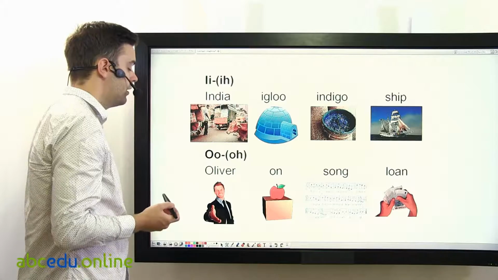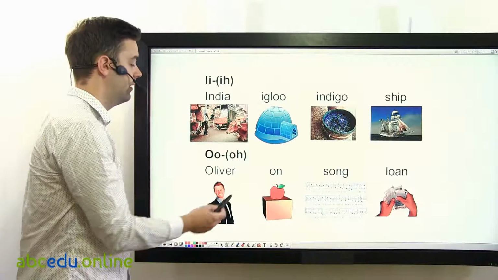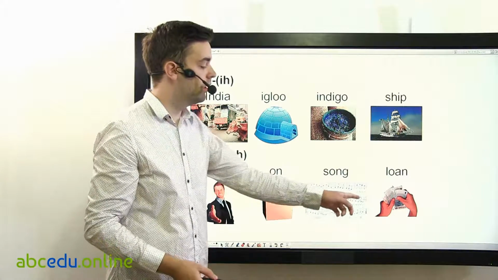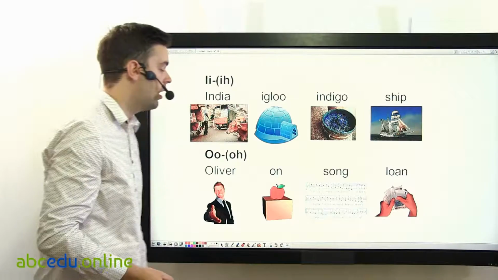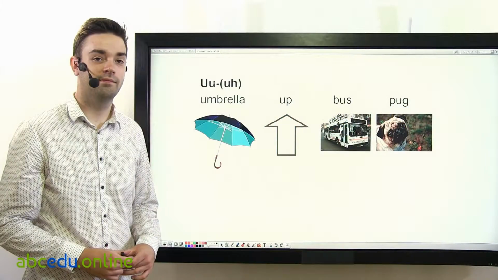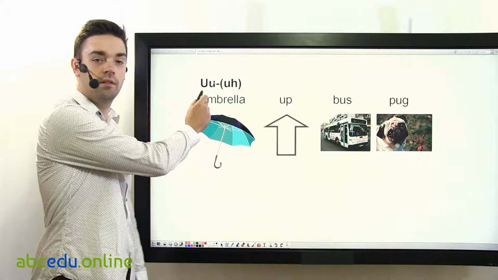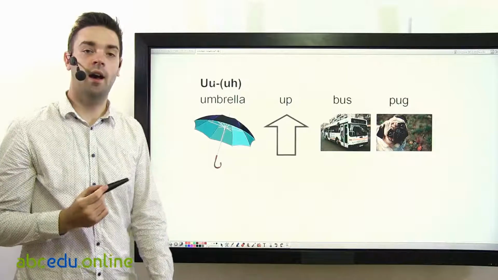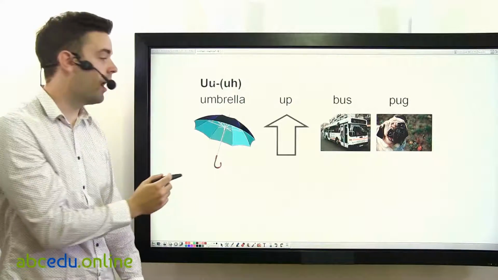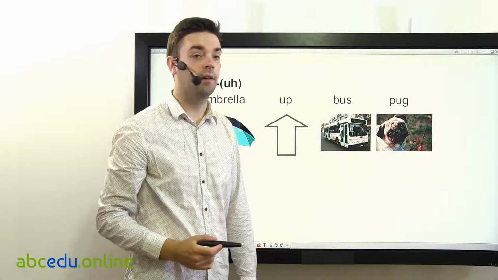So we've got Oliver, on, song, loan. Next we've got U, which makes an uh noise. So umbrella, up, bus, and pug.